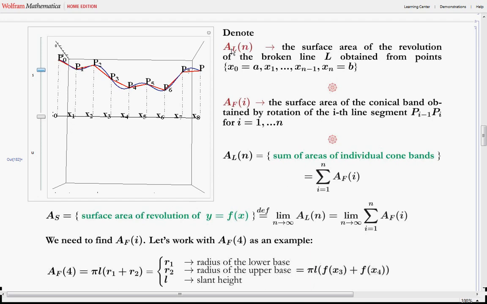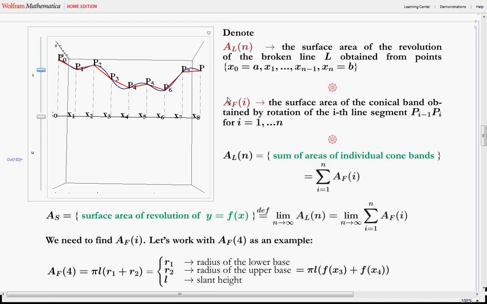Let A sub L be the surface area of revolution of the approximating broken line L. The shape of L and how closely it approximates the function f depends on the number n, that is the number of subintervals into which we have divided our original interval. To make that dependence explicit, I introduced here the argument n.